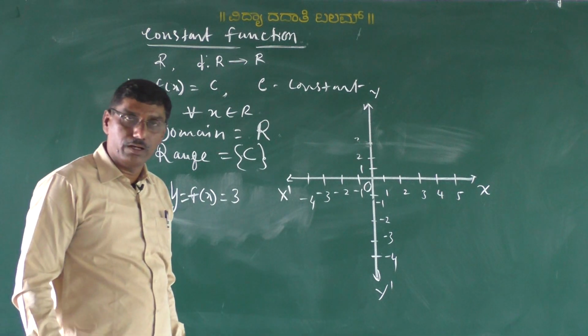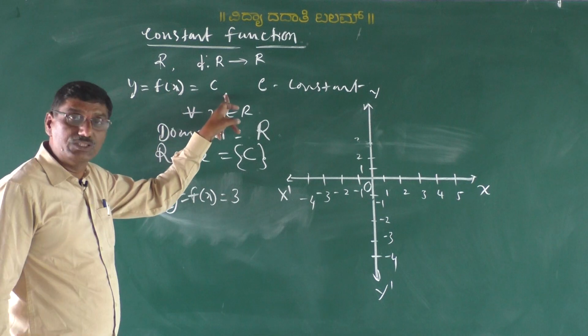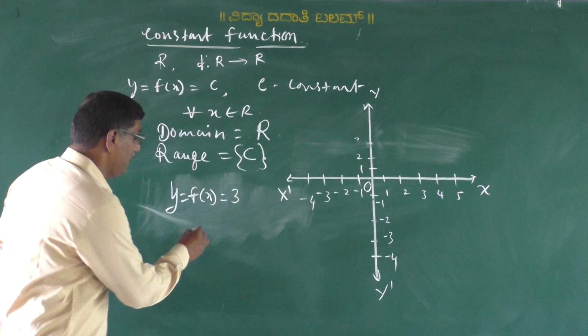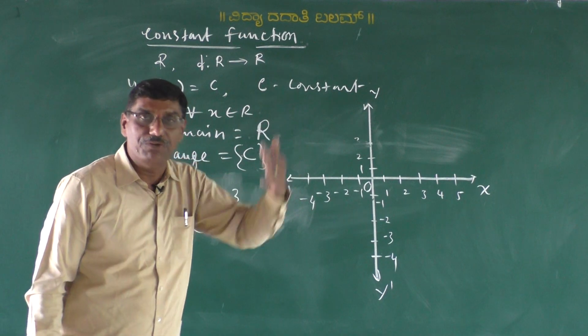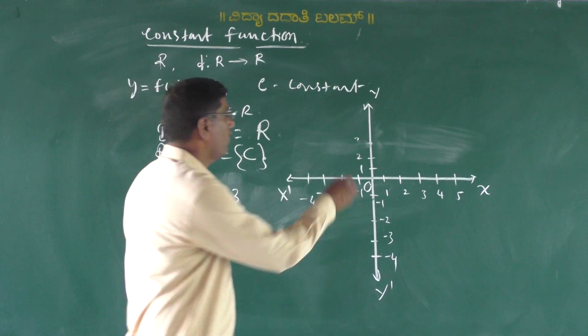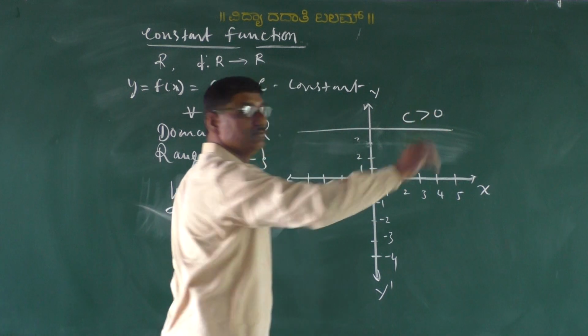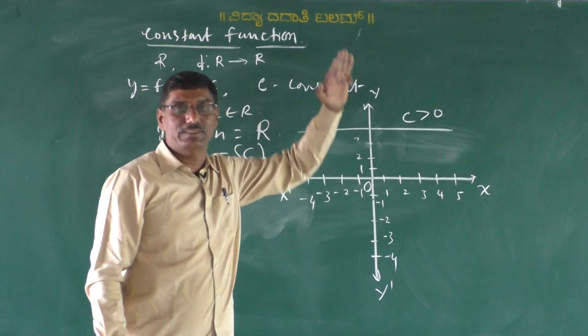Generally, we can draw the graph for f of x equals c. If c is greater than 0, that means positive, the graph is above the x axis, parallel but above the x axis.